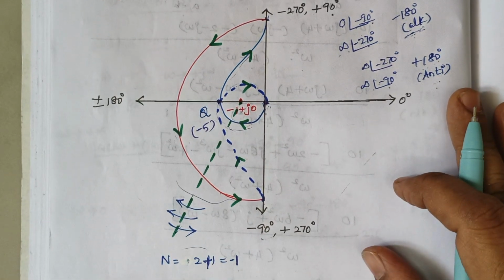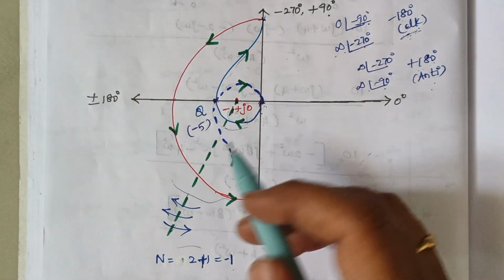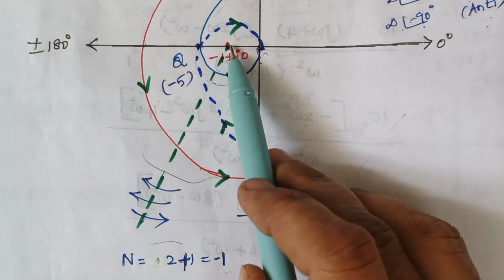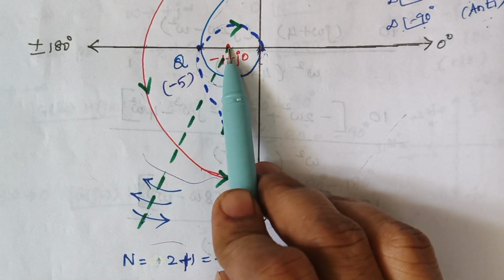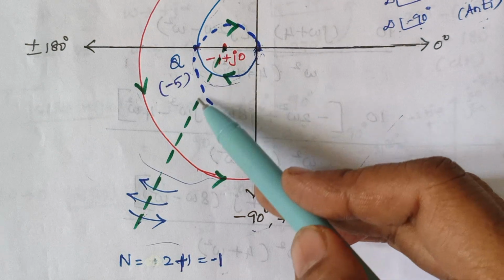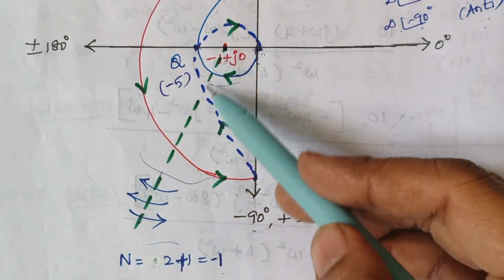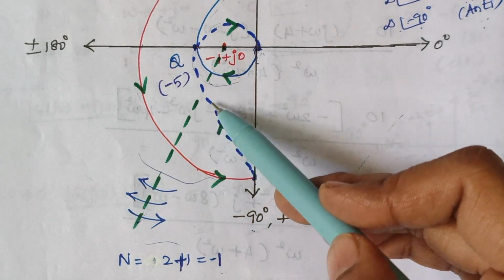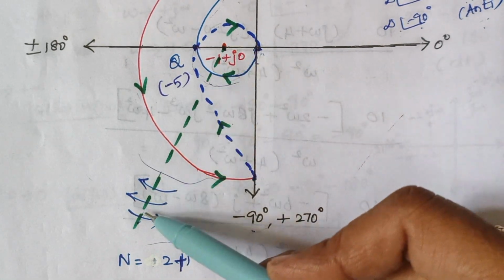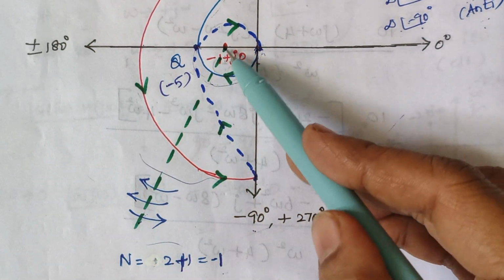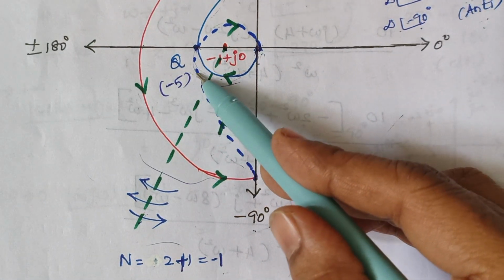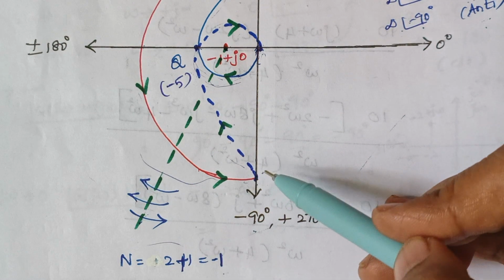So now to know the number of encirclements, just draw a line from the minus 1 plus 0j point, right? You just draw a line like this. After drawing the line, you just count the number of lines that cross this drawn dotted line. So to this line, you see where I am having this curve as well as this curve, right?